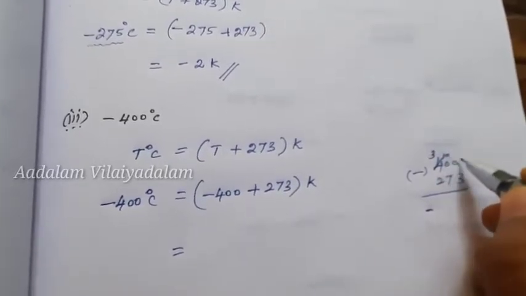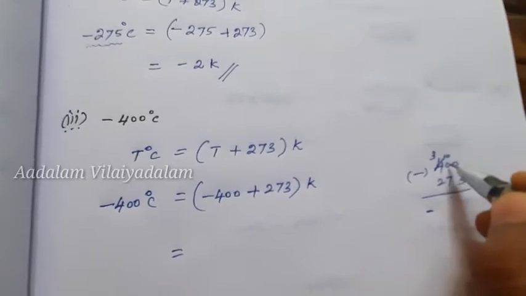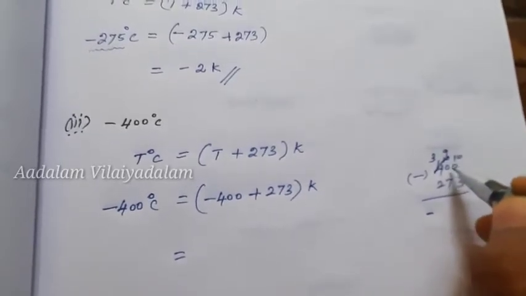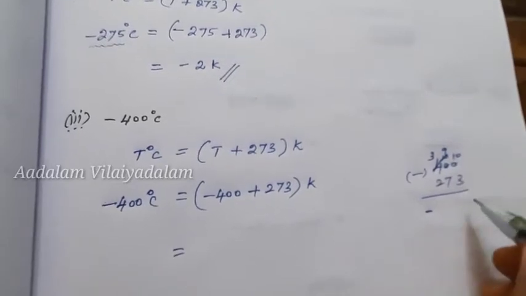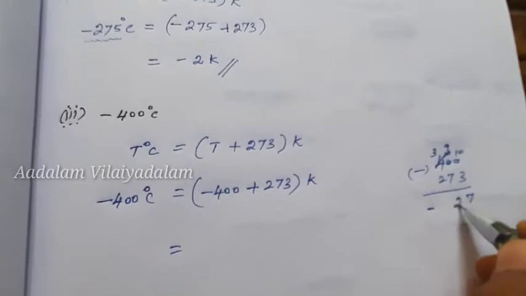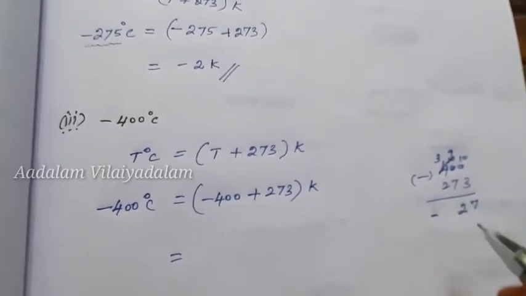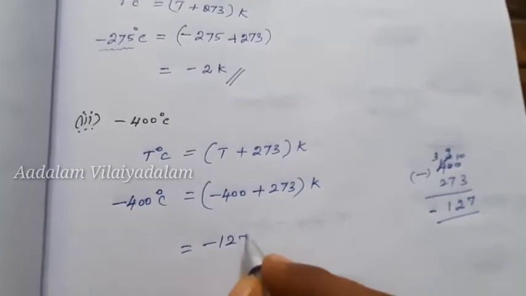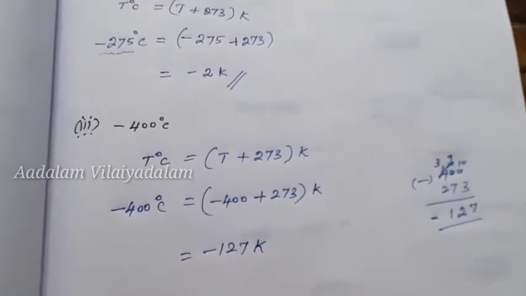And again if we borrow the 1 from the second digit, it becomes 9 and this becomes 10. Now 10 minus 3 we get 7. 9 minus 7 we get 2 and 3 minus 2 we get 1. So therefore minus 127 Kelvin.